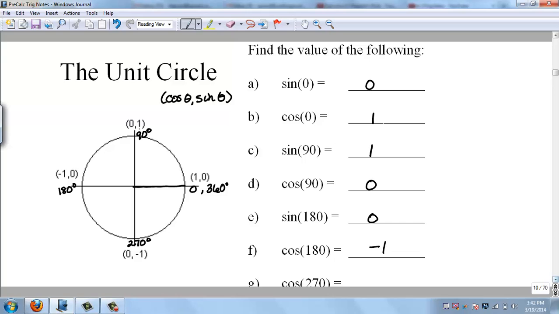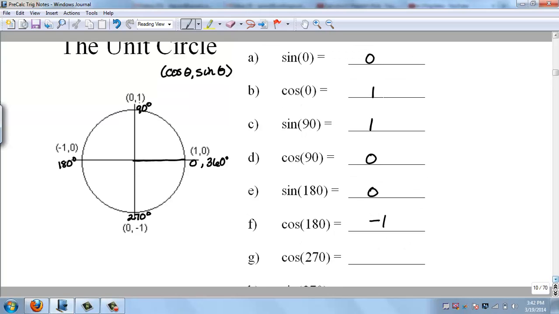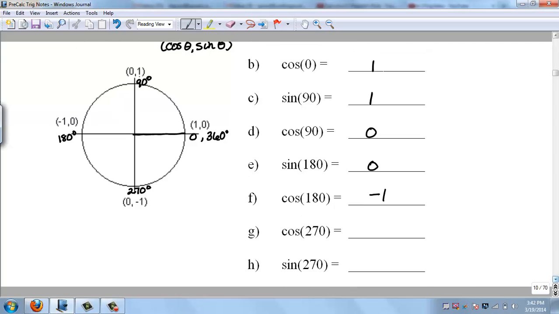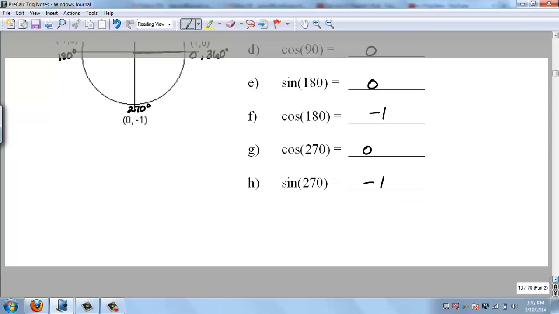I know you can put these in your calculator, but it's so easy to tell from this unit circle. So these are all the quadrant angles. The cosine of 270, if you come down, is going to be 0, and the sine of 270 is negative 1. Notice I didn't put 360 here because it's the same as 0. So that's using the unit circle to come up with values.